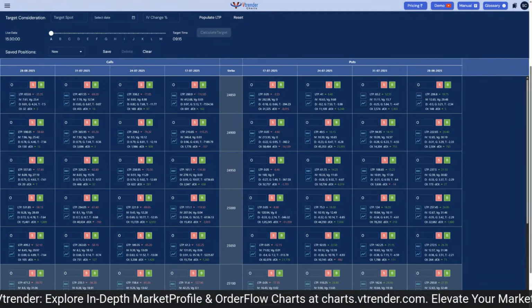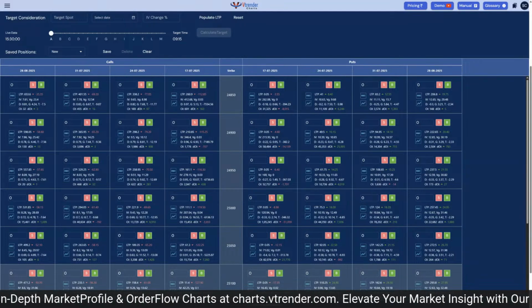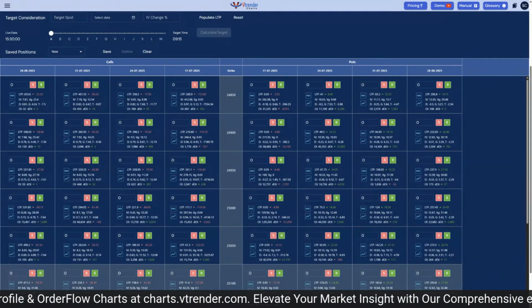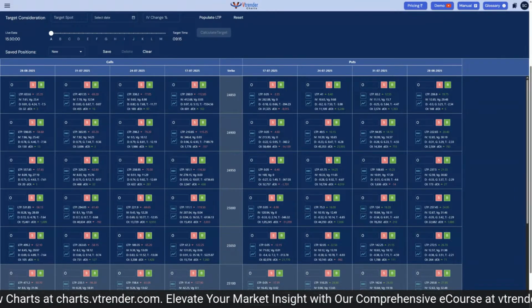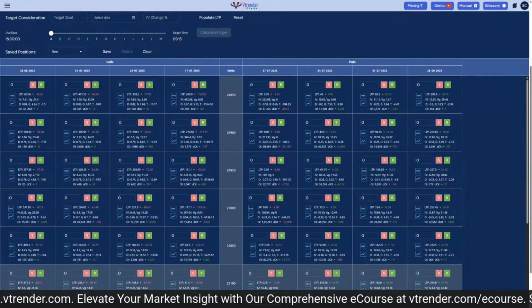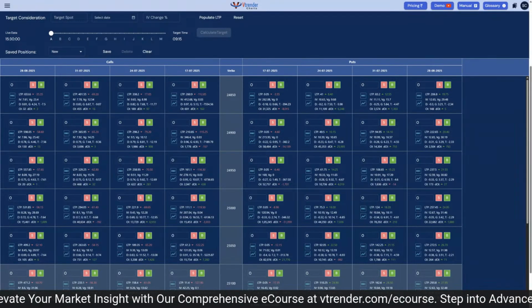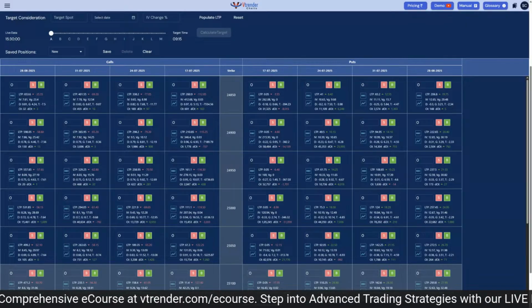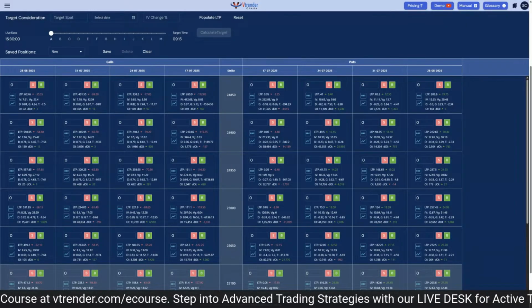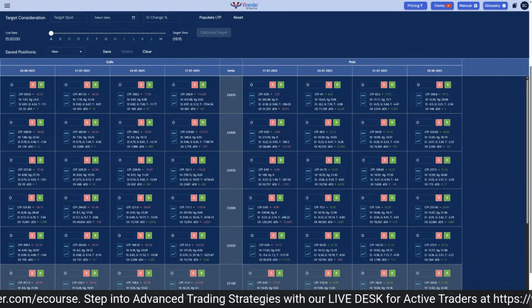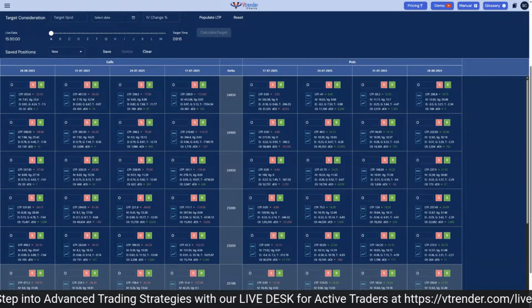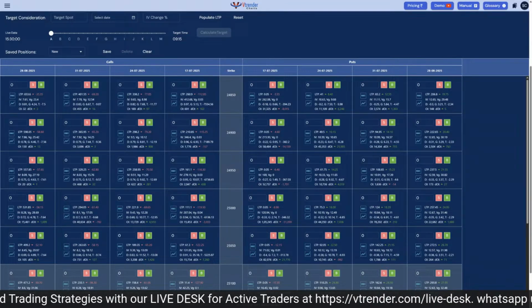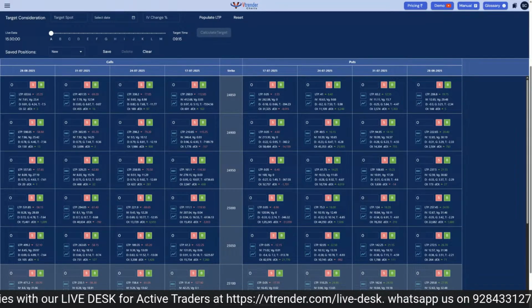The complexity is that the 0.5 delta does not remain 0.5 delta with the movement of the underlying. That delta changes and becomes 0.65, 0.75, 0.80, depending on how much the underlying has moved. This is where our second friend comes in, and that is called gamma, right?